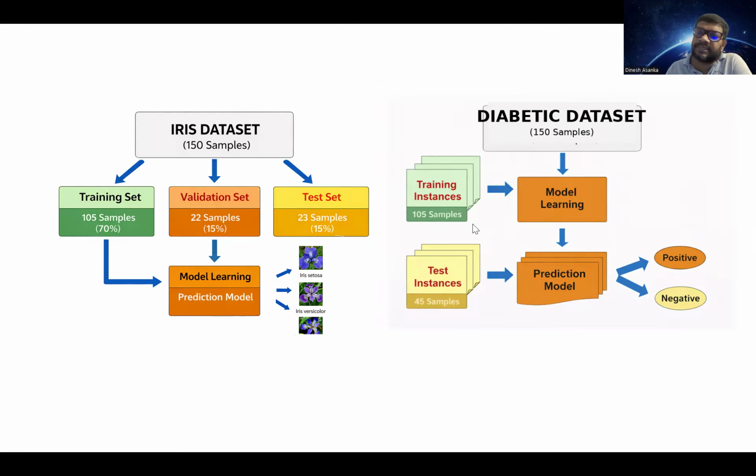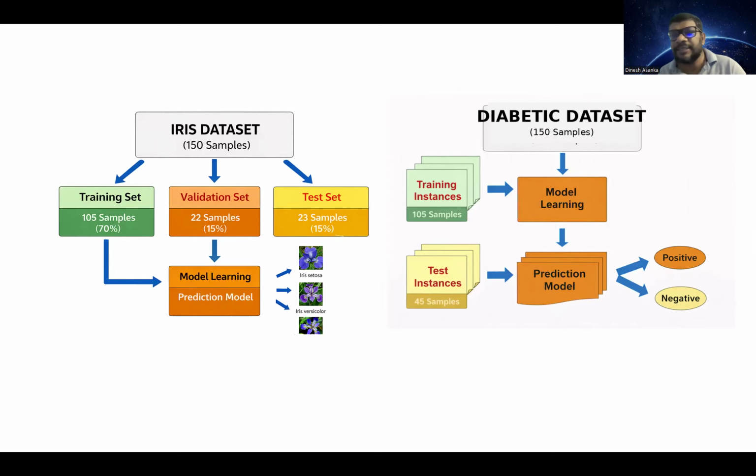I'll take this as the first example since we are working on the diabetic data set. So let's assume we have 150 samples. We divide them into two sets, training and testing. And then using the training data set, we will build the model. Using the testing data set, we will validate whether this model is correct.